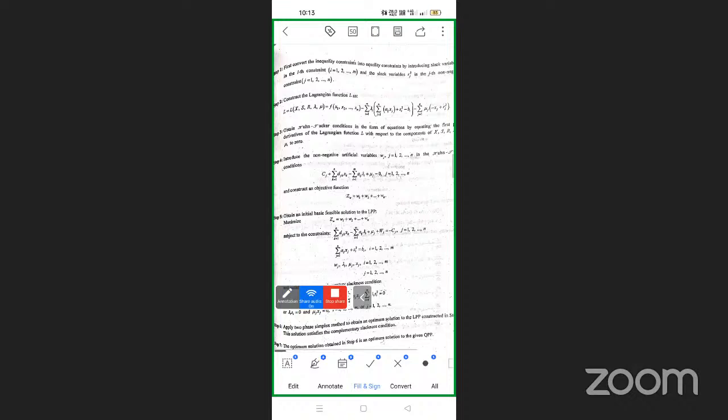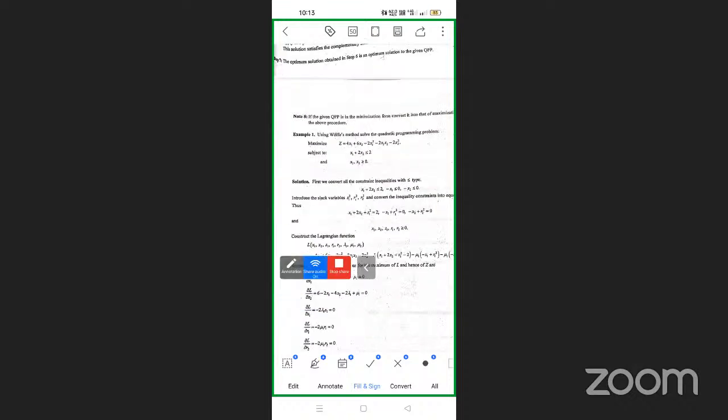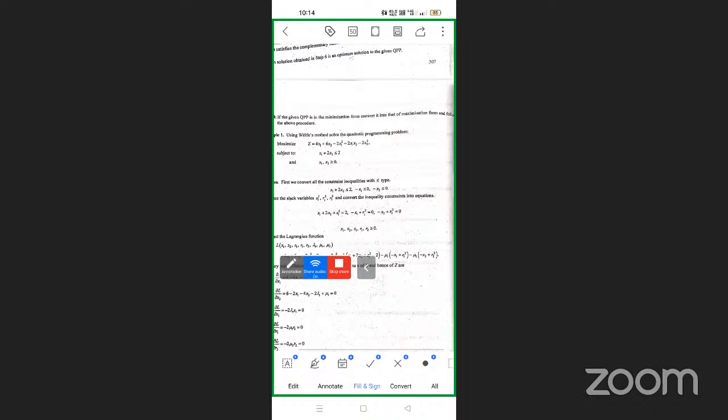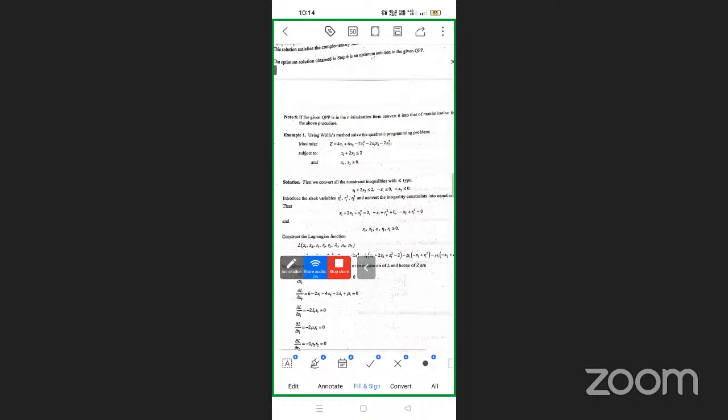Example one. If the given quadratic problem is minimization, convert it into maximization. Example one: using the Wolfe method, solve the quadratic programming problem.